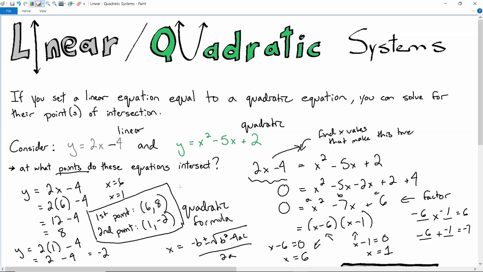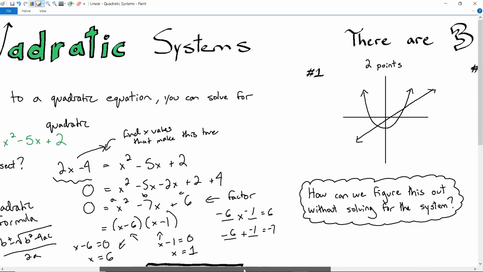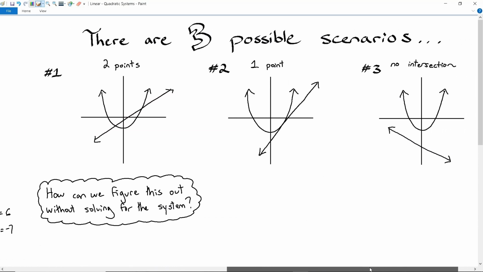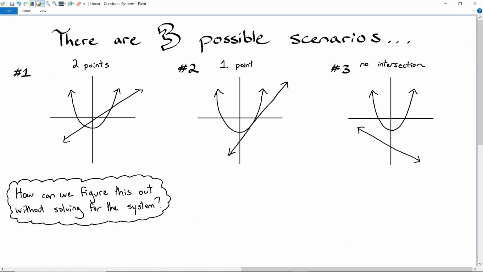Now in this scenario, we have 2 points of intersection, right? And what's happening is our first possible scenario, where we have our quadratic and we have a linear equation that cuts right through it at two different points. So that's the scenario we just saw.